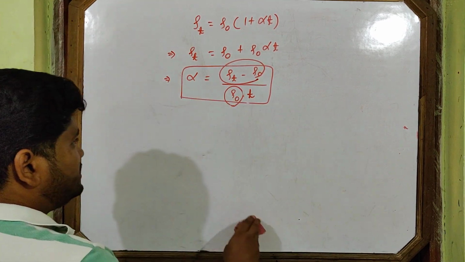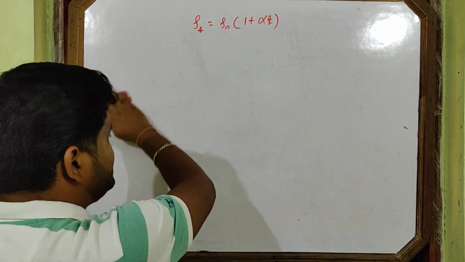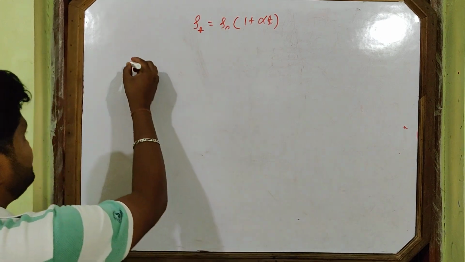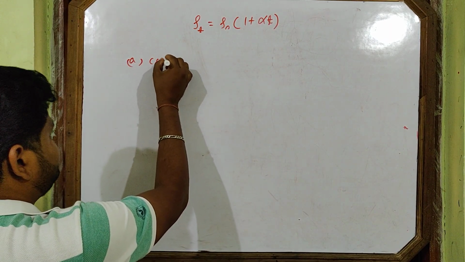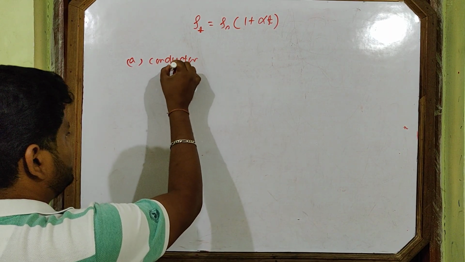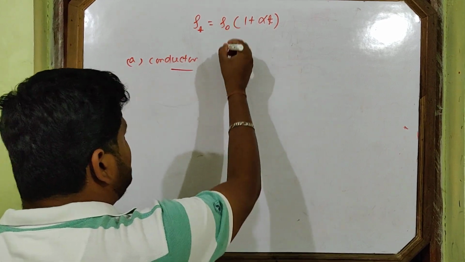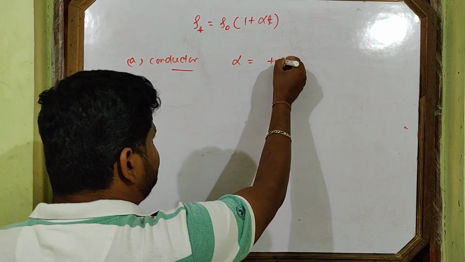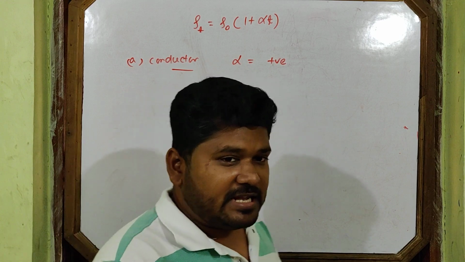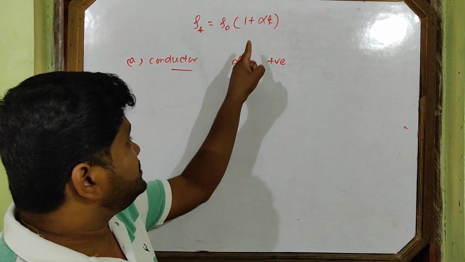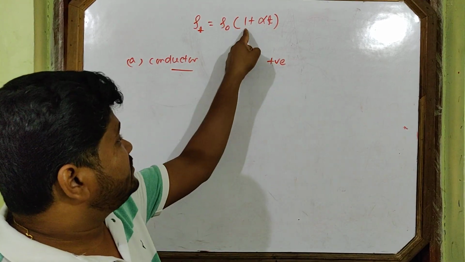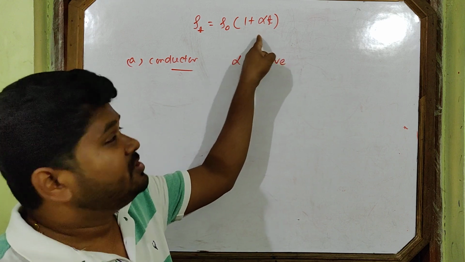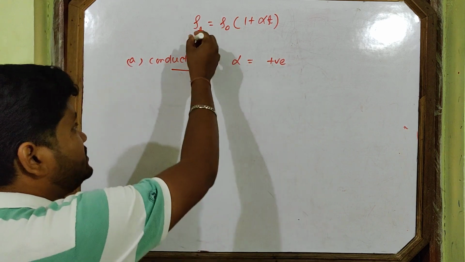So now we will come to the different types of materials. First discuss conductor. What happens in a conductor? For a conductor, alpha is positive. If alpha is positive, this term will be added to rho naught. So which will be greater, rho T or rho naught?